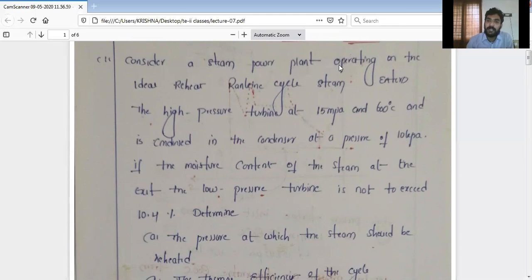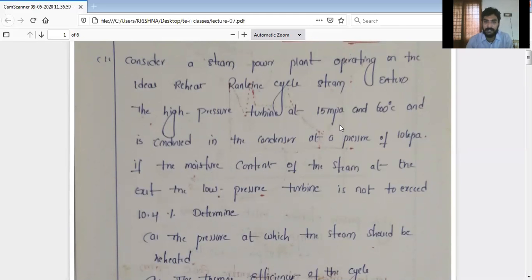Consider a steam power plant operating on the ideal reheating Rankine cycle. Steam enters the high pressure turbine at 15 megapascal and 600 degrees centigrade and is condensed in the condenser at a pressure of 10 kilopascal. The moisture content of the steam at the exit of the low pressure turbine is not to exceed 10.4%.